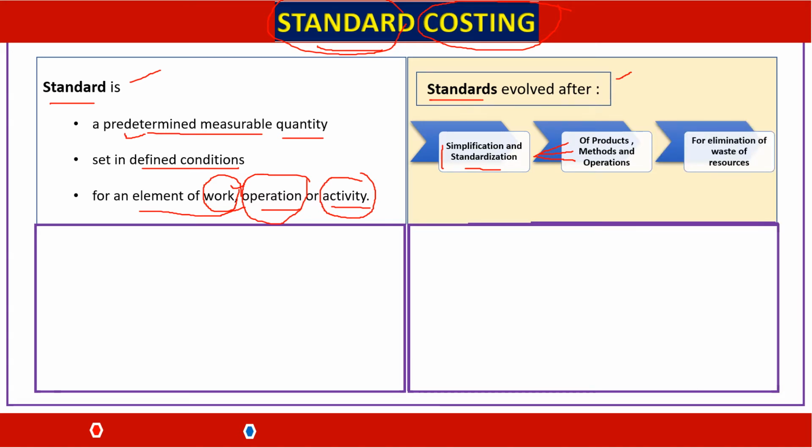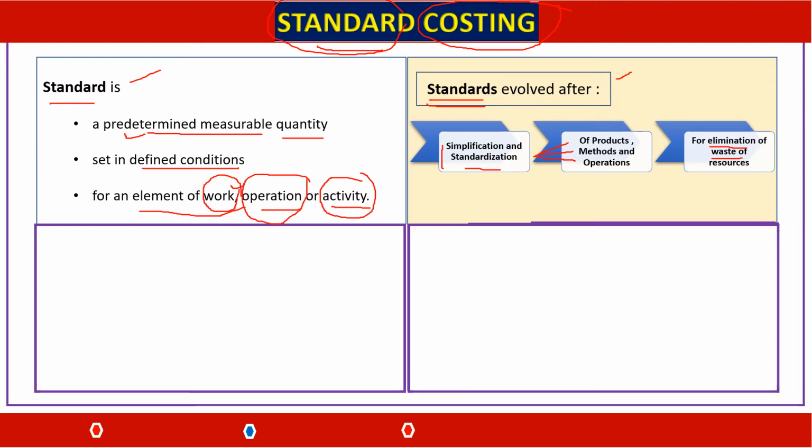And standards are set in advance to ensure that the waste of resources is fully eliminated and we get the best of performance and the maximum of productivity and profitability, which benefits all the stakeholders.